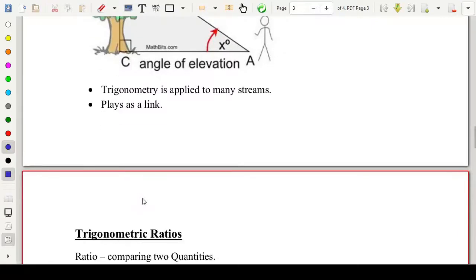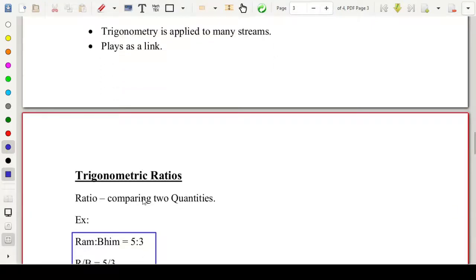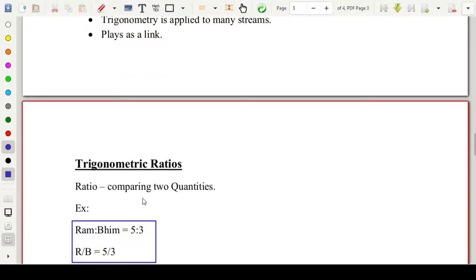Next, in some of the cases, it has been given as trigonometric ratios. Let us see what we mean by ratio first. Ratio is nothing but comparing two quantities. Let me take an example. There are two guys, Ram and Beam.